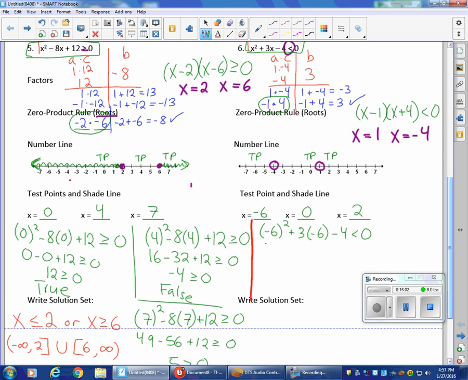So I get 36 minus 18 minus 4 is less than 0. 36 minus 18 is 18, minus 4 is now 14. Is 14 less than 0? And that's not too bad to make our decision. So it's false. So my left side tail, I'm going to leave it alone. Not going to do anything to it.